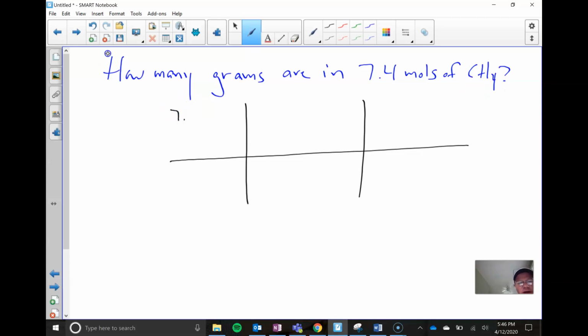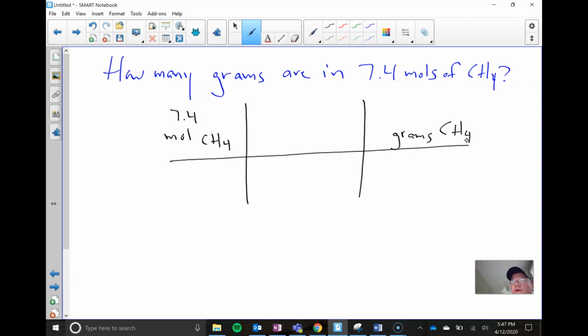And I write the entire thing, 7.4 moles of methane. Now, on the upper right, I'll write the information that I'm being asked to find. How many grams is the information that I need? So, grams of CH4.